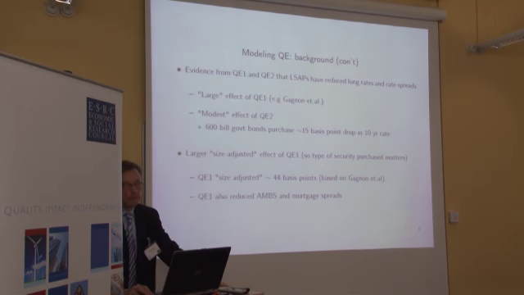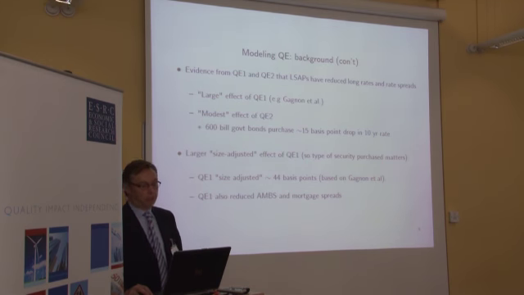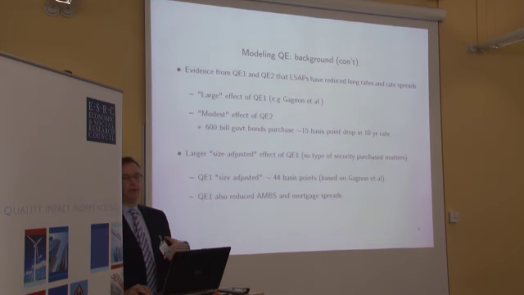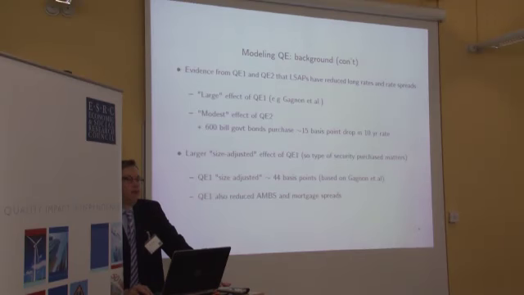Now, one of the reasons QE1 might have mattered more is that it was just much larger in scale, 2.5 times QE2. But if you control for that, you still see a bigger effect. You adjust for size, QE1 is about 3 times the size of QE2 in terms of effect on market rates. And what were the other differences?